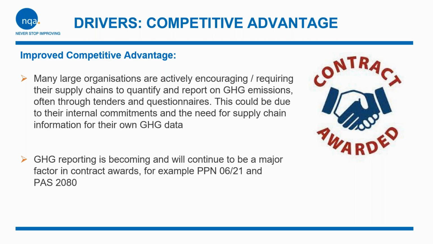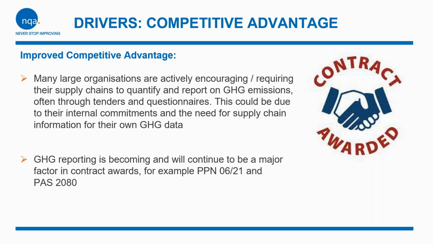The larger companies, the customers, pressurizing their suppliers and their supply chain through tenders, contracts and questionnaires into providing the necessary carbon data. There's also, from a competitive advantage perspective, some greenhouse gas reporting required for the winning of major contracts. So you might have heard of Policy Procurement Note 0621, PPN 0621.